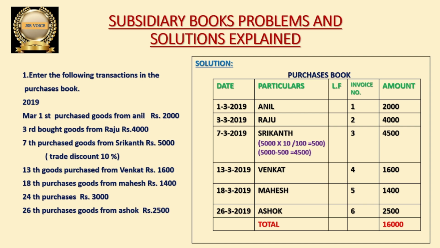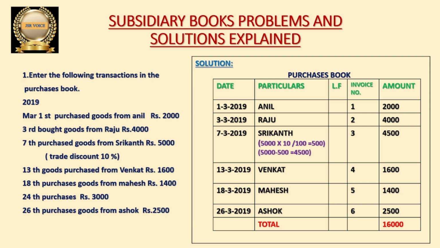So just go to purchase book solution. In date column 7-3-2019, and in particulars column Srikanth name, and under that we should calculate the trade discount. Take 5000 amount into 10%, means 10 by 100. If you do that calculation, you will get 500 rupees.